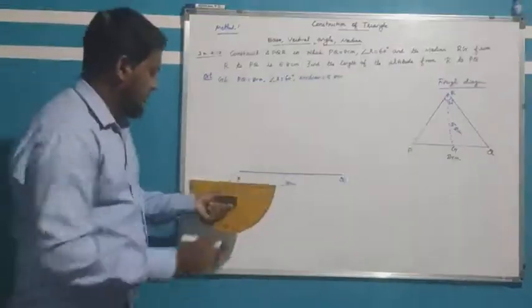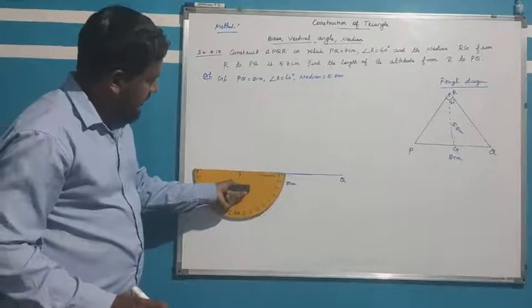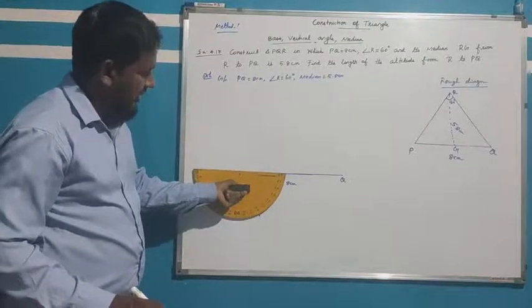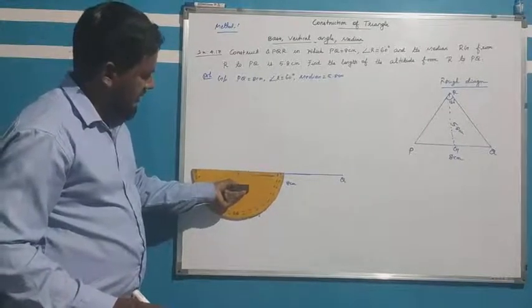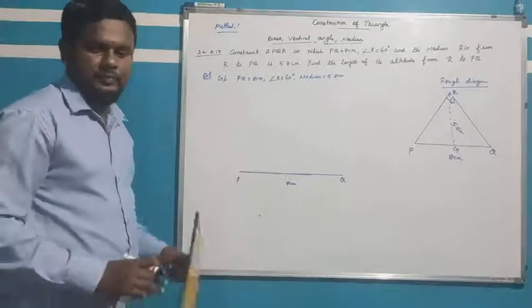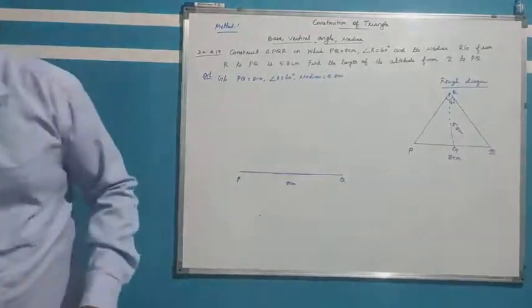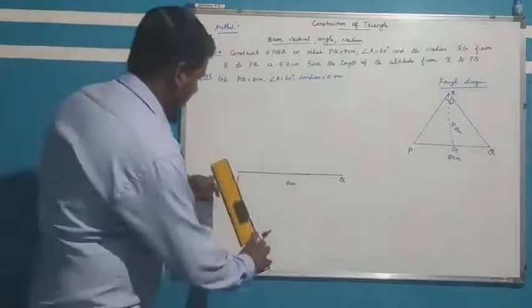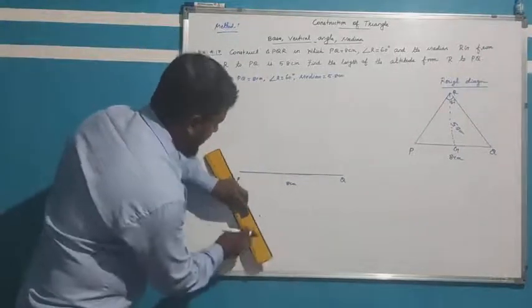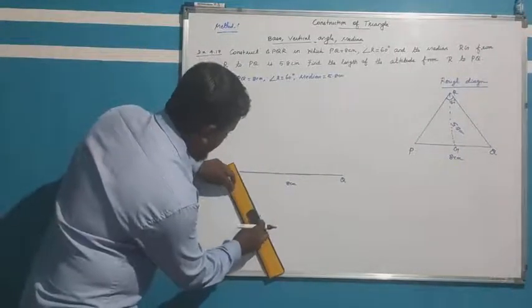Keep the protractor and measure 60 degrees, then remove the protractor and draw the line from P correctly.